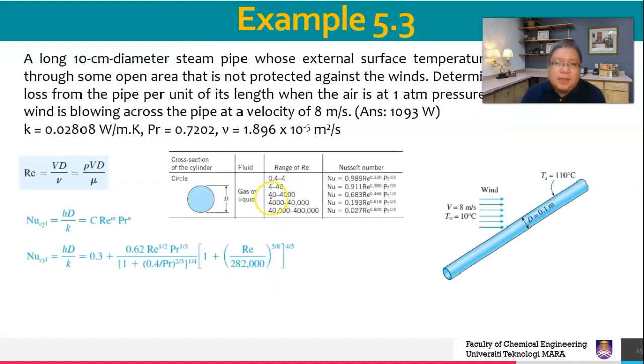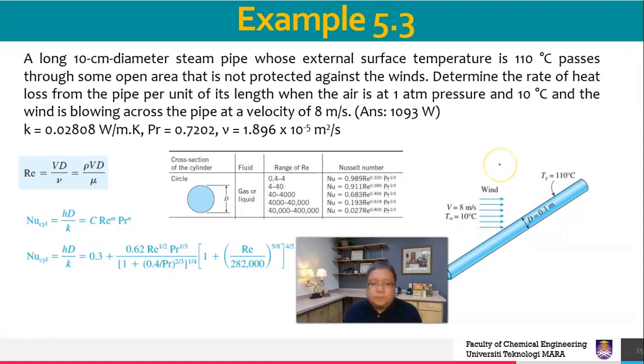Okay, let's see the example here. A long cylinder with a 10 cm diameter, so the diameter is 10 times 10 to the power of -2 meters. The external surface temperature is 110.